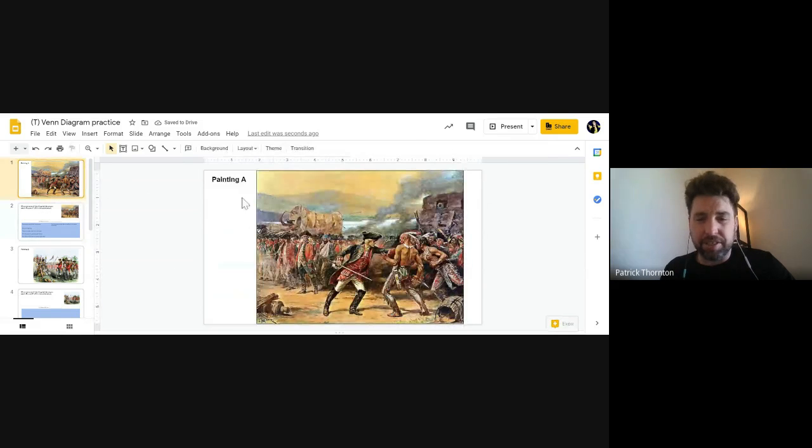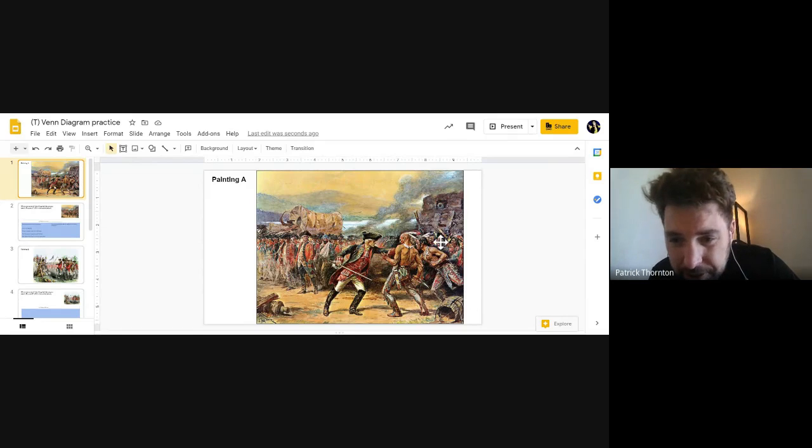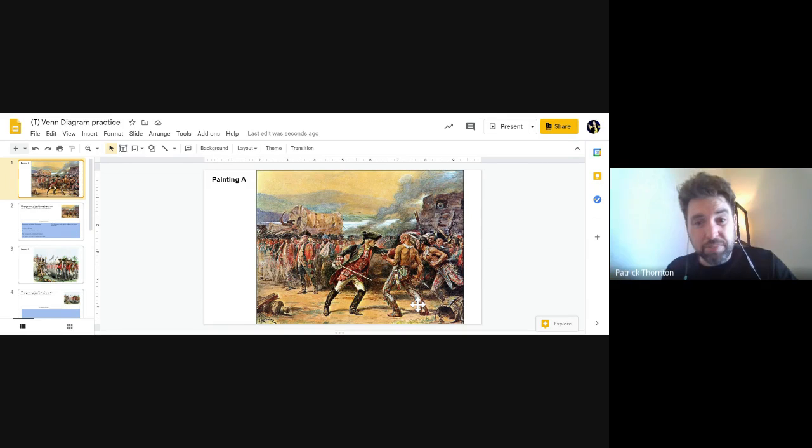You agree with that, Cheetah? Does it look like he's going to hurt him? Yep. So I can see it looks like he's got a sword. He might stab him or something. I also see back here, look at this. Who are these guys back here? Are they European or Native American? I see that there's some Native Americans and there's Europeans on both sides.